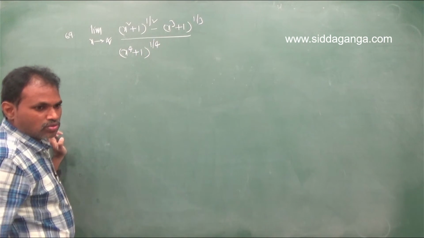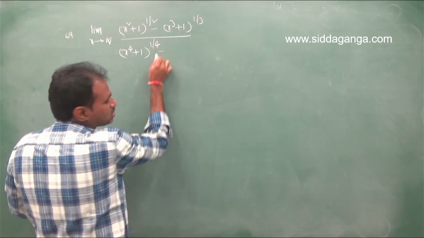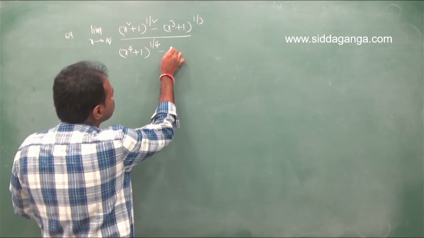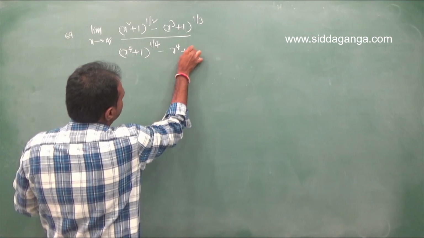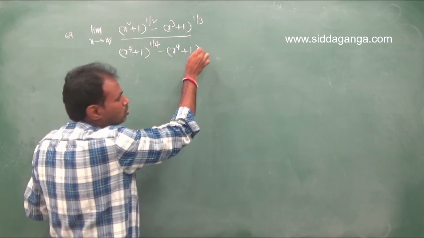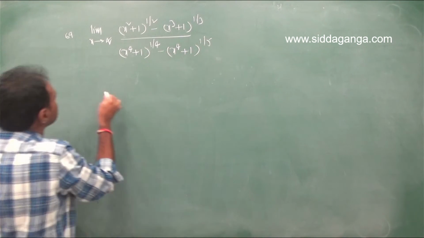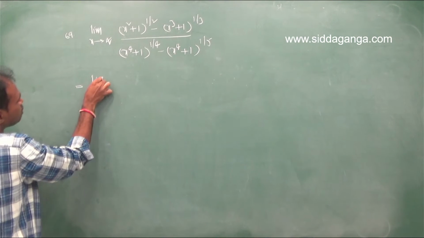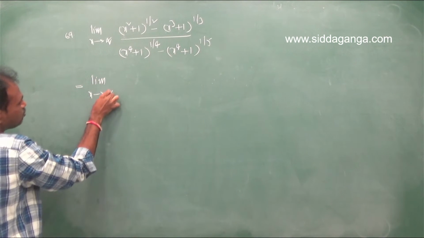Next, minus the fifth root of x power 4 plus 1, which you can write as (x power 4 plus 1) whole power 1 by 5.